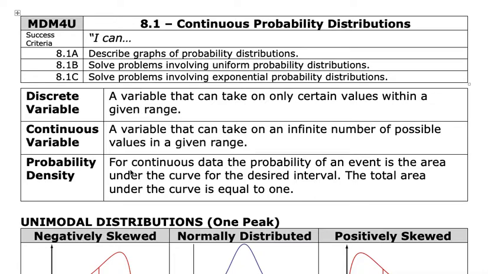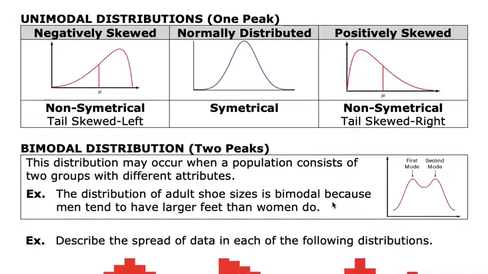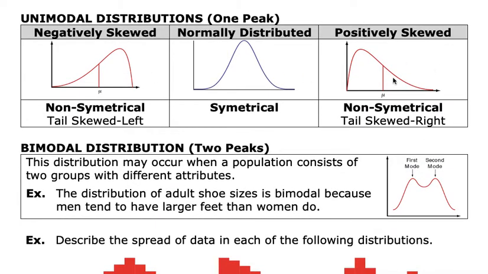Now, probability density. For continuous data, the probability of an event is the area underneath the curve for a desired interval. The total area under the curve is equal to 1. So let's take a look at some of these distributions of continuous data. This curve is the probability density function, but the area underneath that curve is going to help us solve for the probability of specific events.